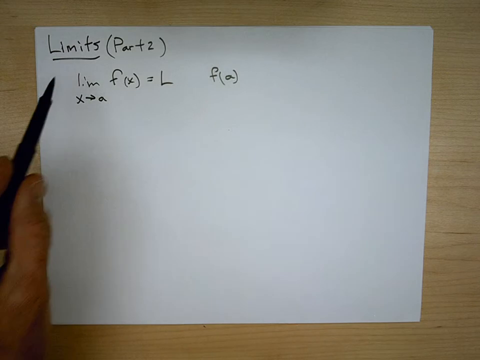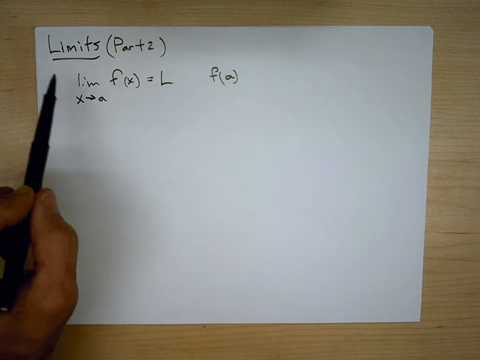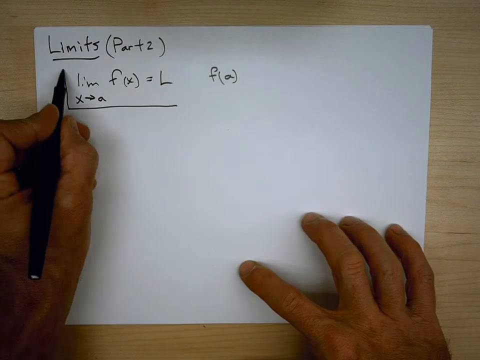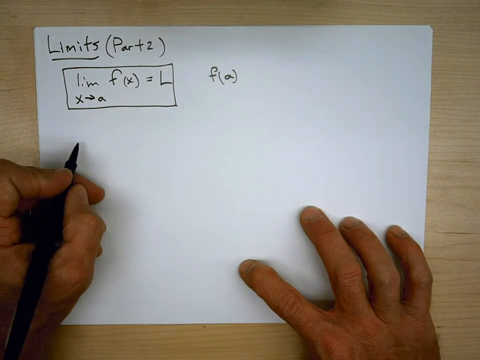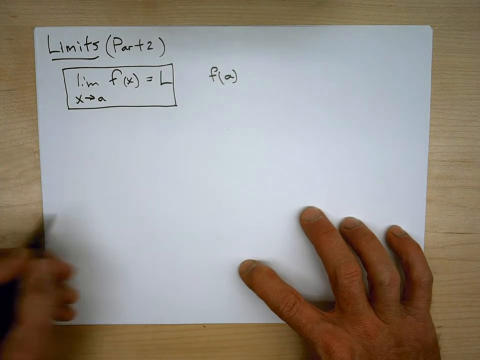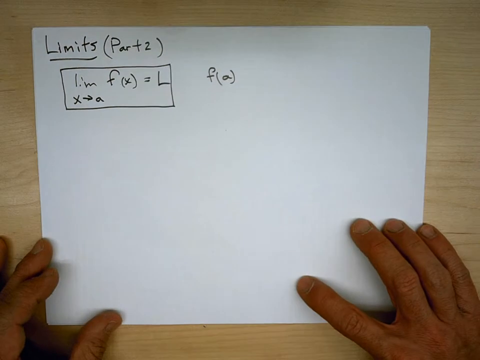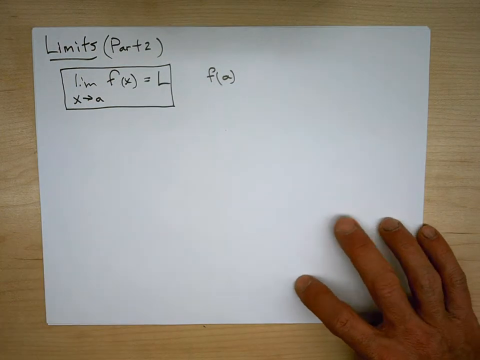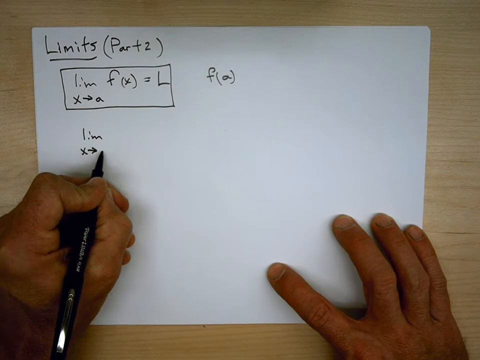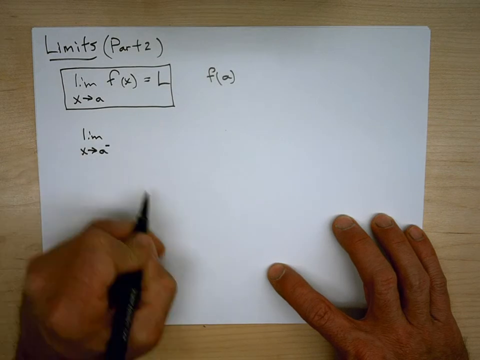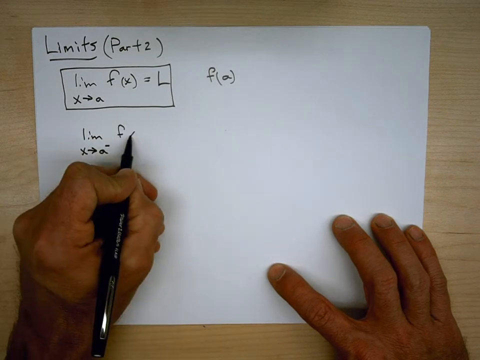In this lecture, what I want to look at is how this limit might fail to exist. So the first thing I want to go over is this idea of one-sided limits that I talked about a bit in the first lecture. So we say the limit as x approaches a from the left, that's what that means, of f of x.